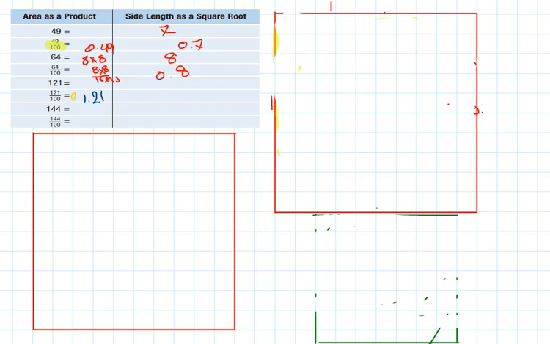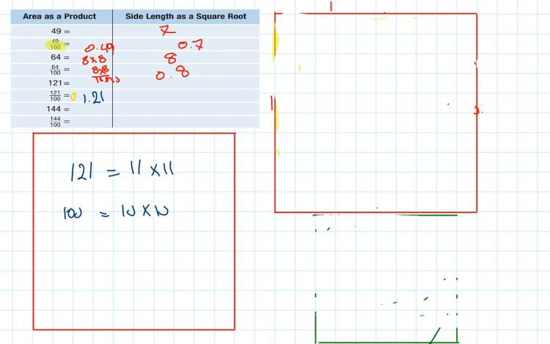So for the 1.21, what two numbers multiplied together would give you 121, and what two numbers multiplied together would give you 100? 121 is the same as 11 times 11. 100 is the same as 10 times 10. So you can tell that this here is a perfect square.